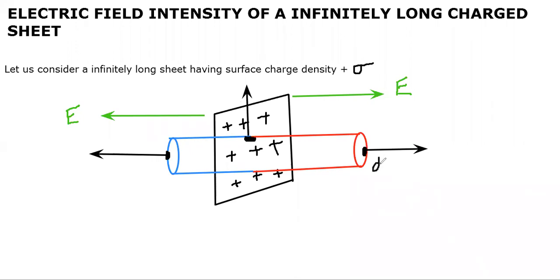This is dA, this is dA, and this is again dA. So three area vectors I have made over here. Now I will give names to these faces where I have made area vectors. Let it be first, let it be second, and let this be your third.